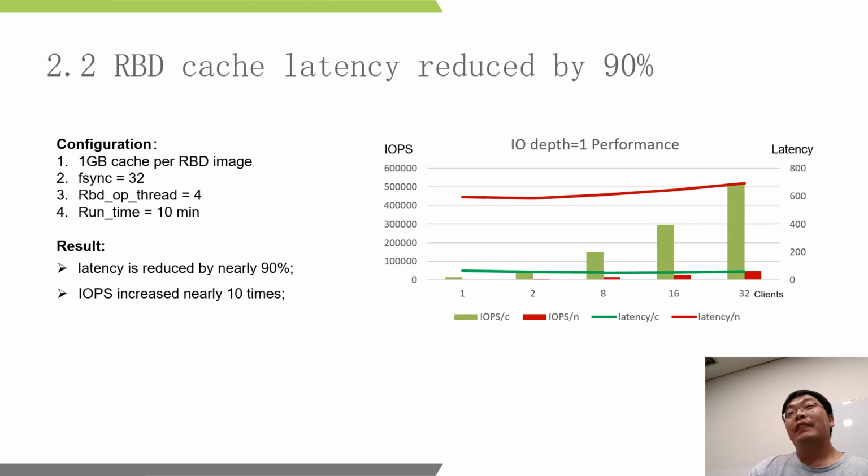From the test, Ceph RBD client latency can be reduced to 50 microseconds, and the IOPS can reach 20,000 with depth equal to 1. This is a very good performance.